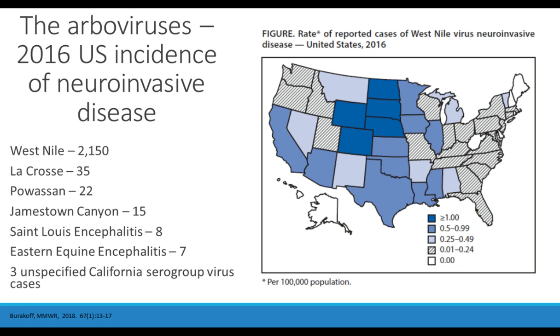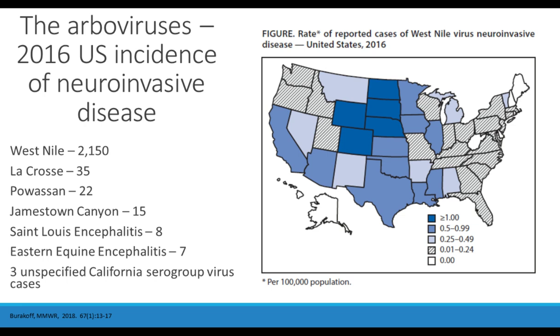Far and away, West Nile is the most prevalent arboviral infection in the United States. A smattering of other viruses crop up from time to time throughout the country: La Crosse virus, Powassan virus, Jamestown Canyon virus, St. Louis encephalitis virus, Eastern equine encephalitis virus, and in this particular one, some unspecified California serogroup viruses. They ebb and flow every year in terms of overall prevalence and where they're being found.